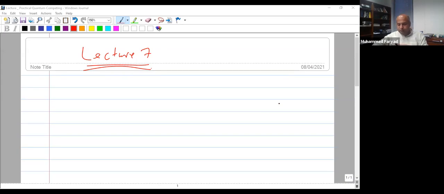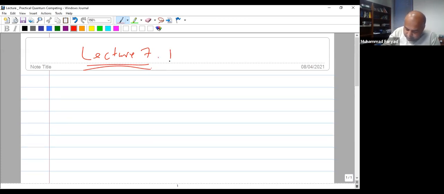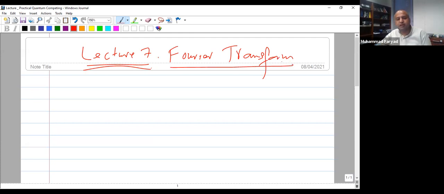All right, so today we are going to develop an algorithm and a circuit for the Fourier transform. I guessed that all of you are familiar with the usual Fourier transform anyway, so I'm not going to spend much time on that. Fourier transform is essentially a change of basis.